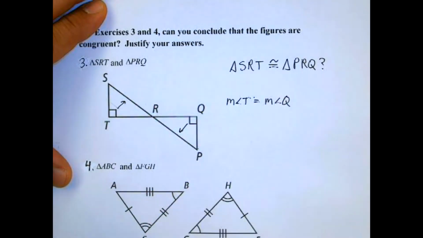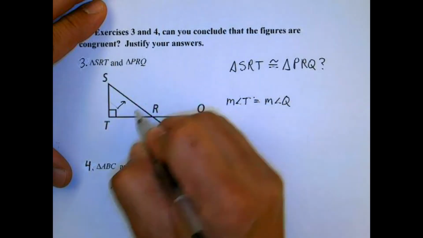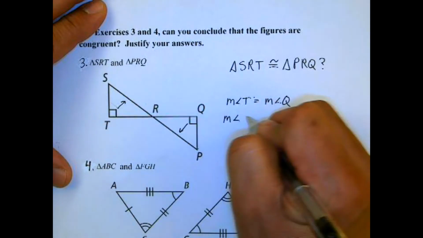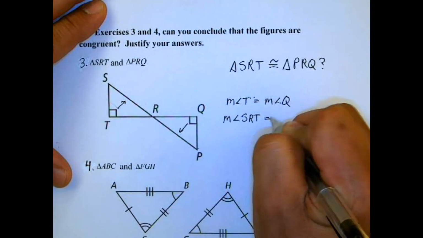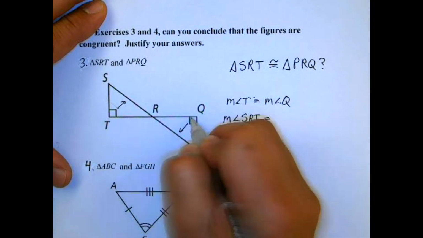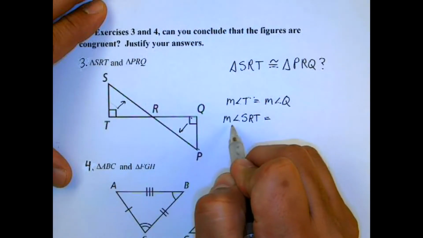You know something else we know because of vertical angles? That the measure of angle SRT is also equal to the measure of angle PRQ. Notice the direction that I went with as I called out the angle.